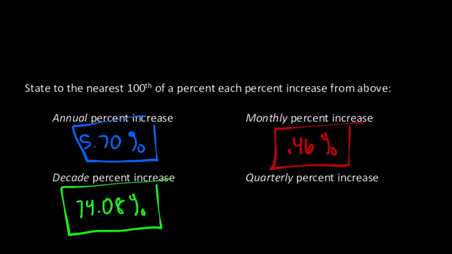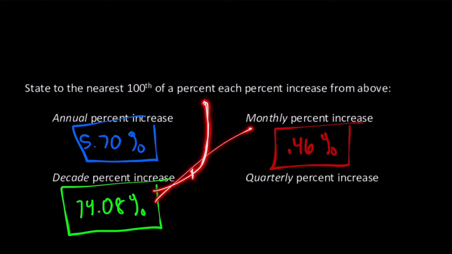And this is a great illustration. Notice that times 10 is 57%. But over the decade, I get 74%. Why is that? Because it's 5.7% a year. It's not 5.7% for the decade. So think about how this works. There's your exponential model. So after 1 year, if you're at 5.7%, it becomes a lot more.